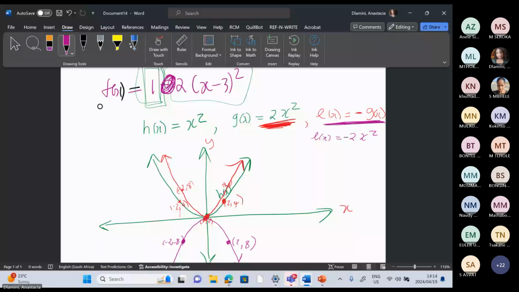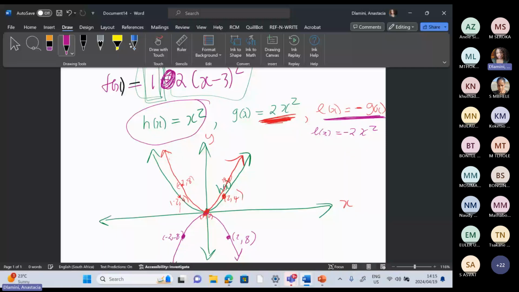Remember, we can't do plus 1 right now. We are reflecting. We are taking it bit by bit. You see, we started with x squared. And then after x squared, we multiply by 2. We got 2x squared. And we know that from what we have learned, if we multiply by 2, we are stretching the graph vertically.